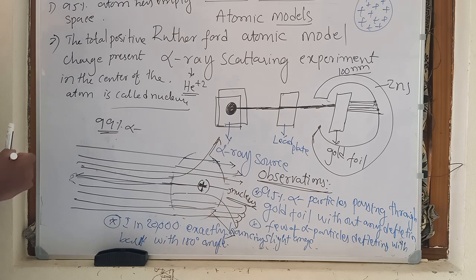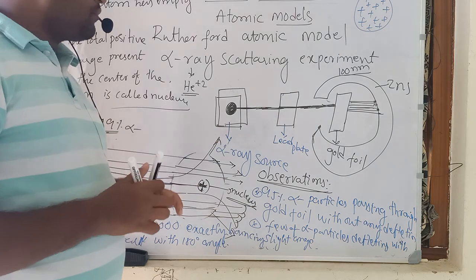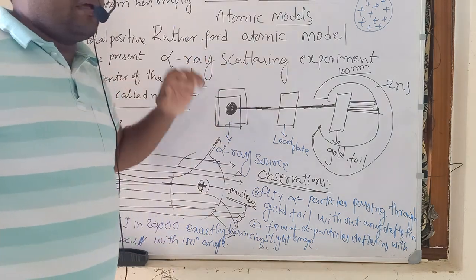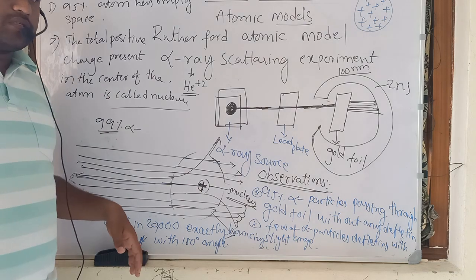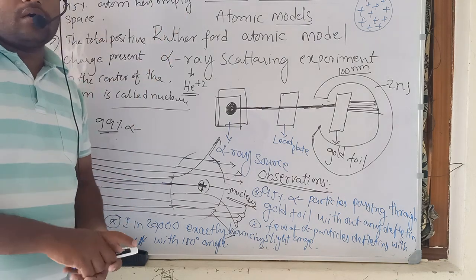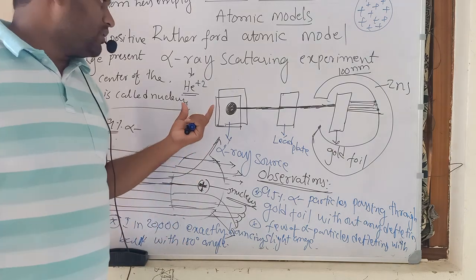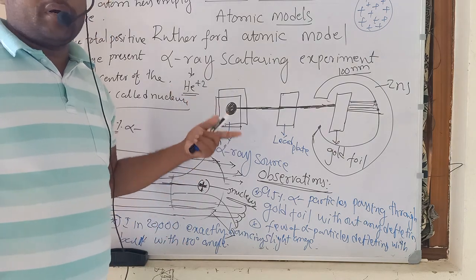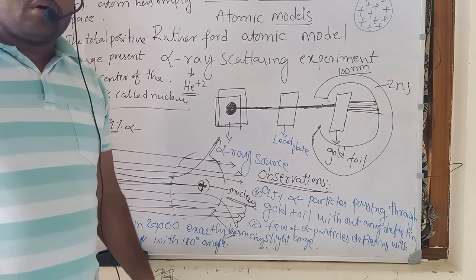So these are the conclusions of Rutherford, and this is the Rutherford alpha ray scattering experiment. Now let us discuss what the Rutherford atomic model is. After this alpha ray scattering experiment, he proposed his atomic model.